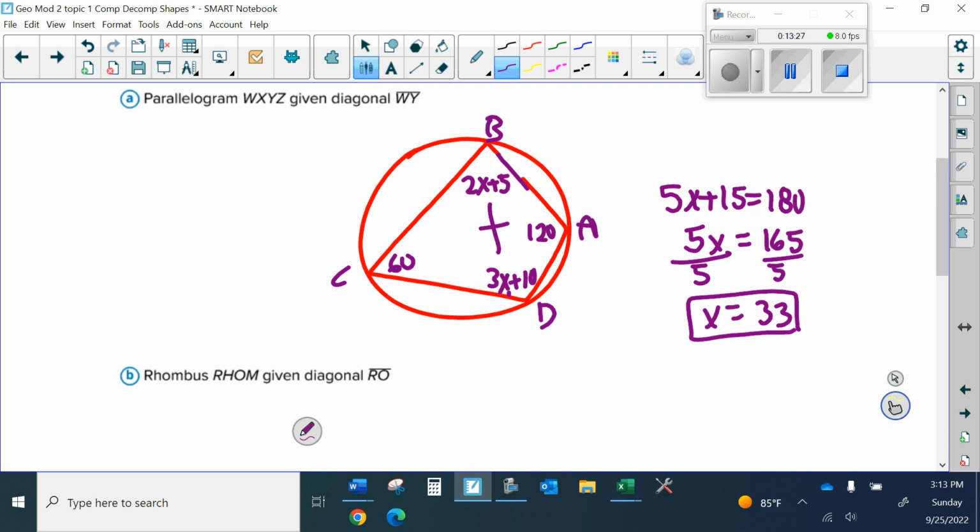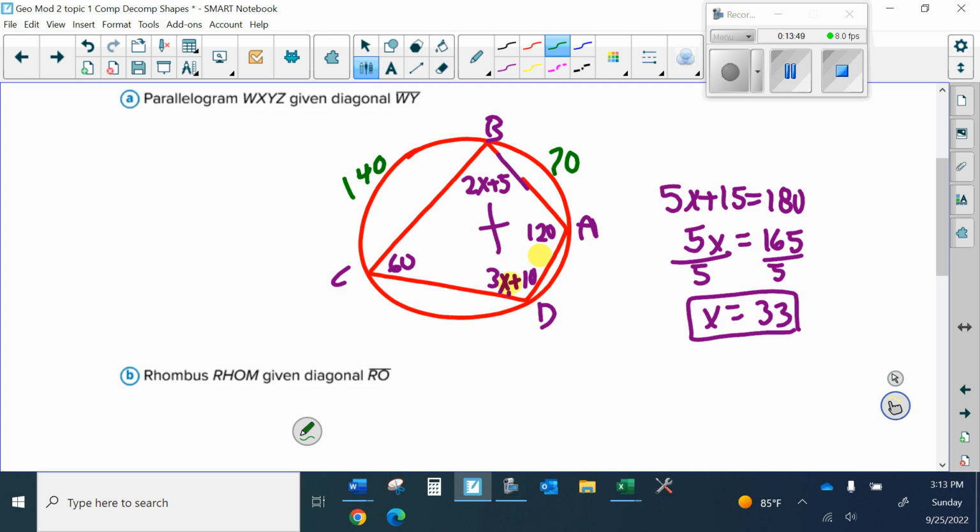Now, instead of doing that, they could go ahead and give you the arcs. Let's say they told you this was 70, and they told you this one was 140.